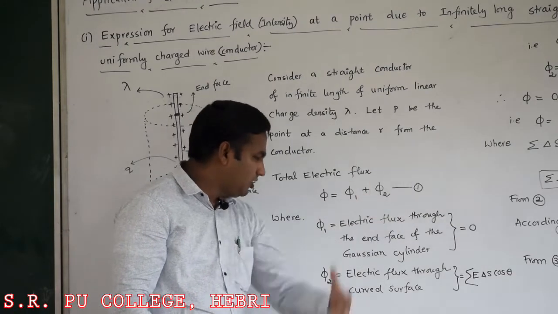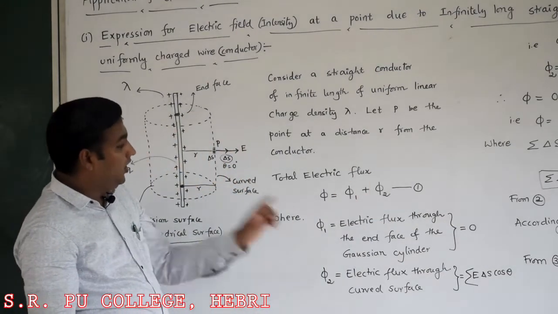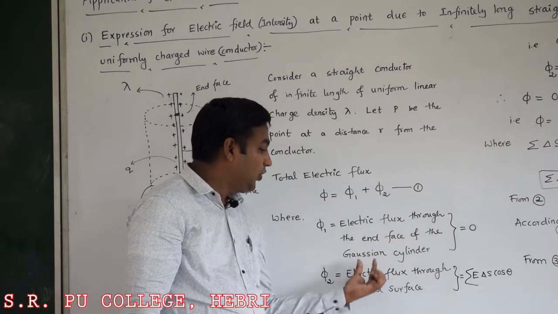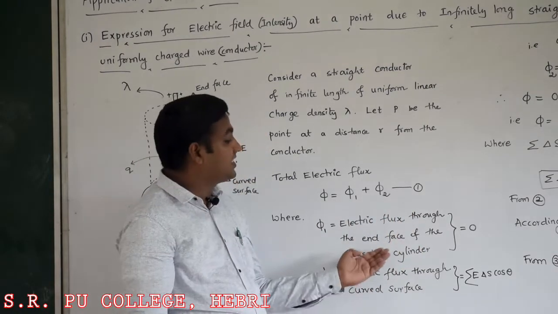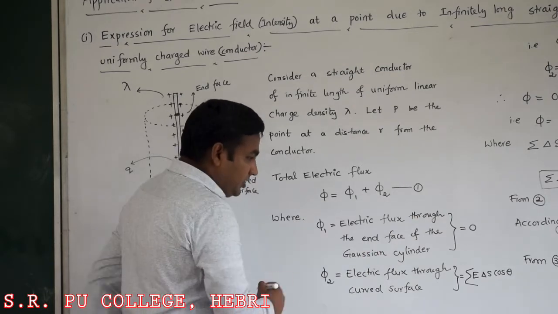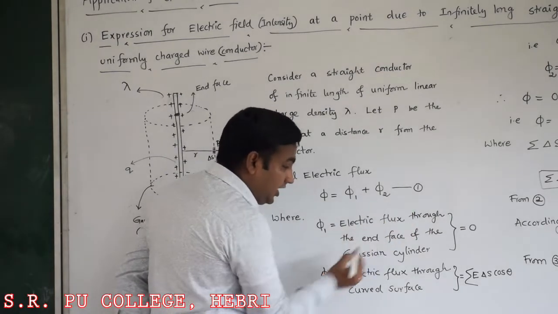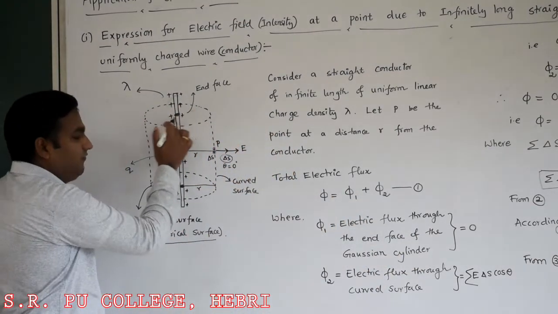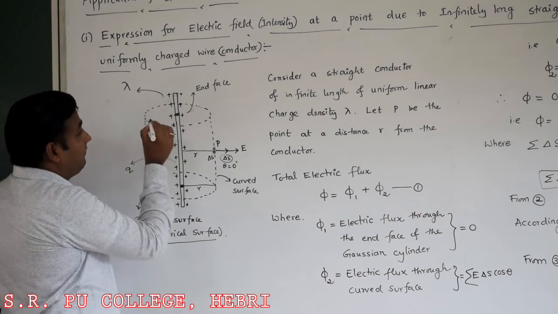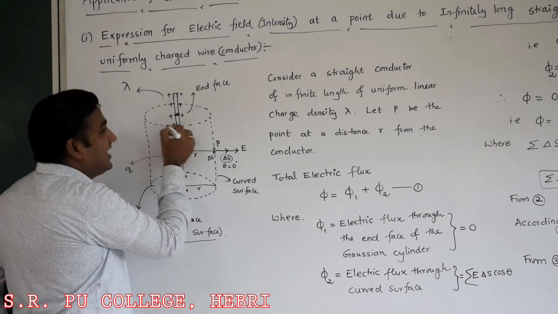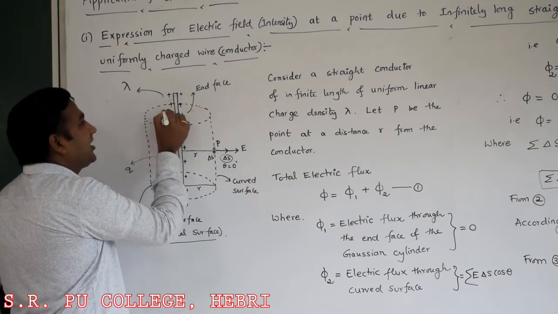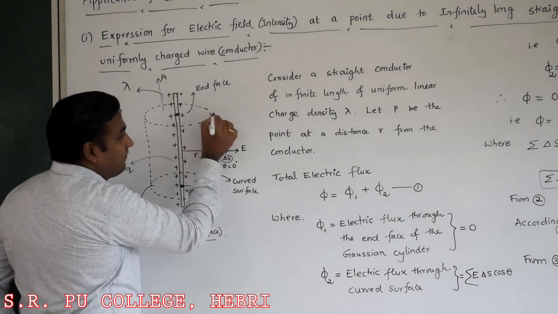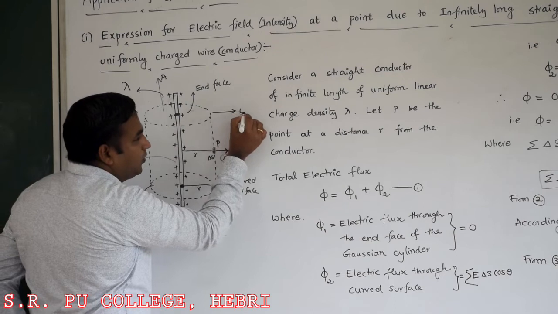I assume this as equation number 1, where phi 1 is the electric flux through the end face of the Gaussian cylindrical surface. This one is an end face. In the case of this end face, the area vector is acting normally outward like this, and the electric field on this surface is acting outward like this.